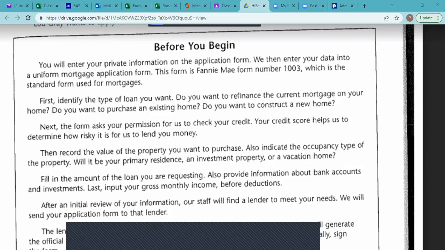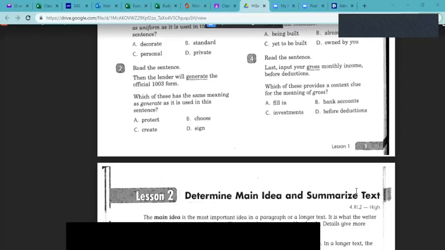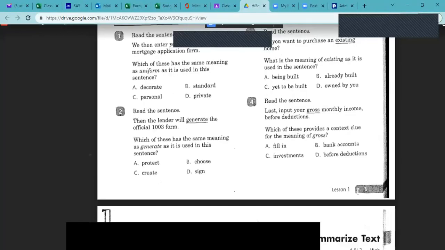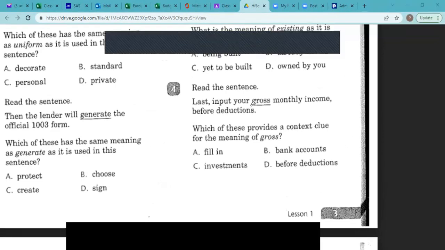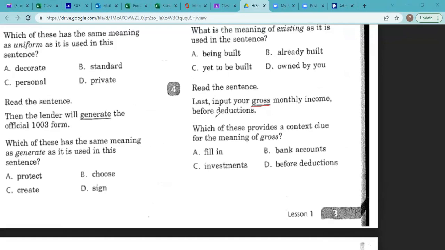Hang on just a moment. Okay, sorry about that. I think my screen was a little messed up, so I wanted to make sure that it worked. All right, so right here in number 4, it says your gross monthly income, and then it actually does give you the definition right here, or a good indication of what that means.